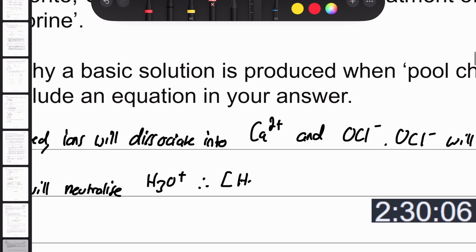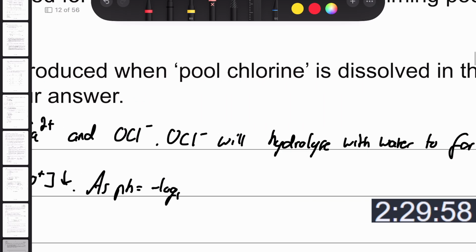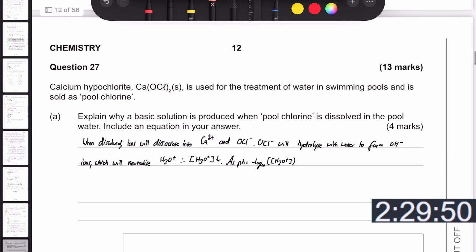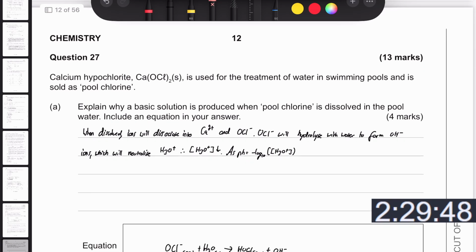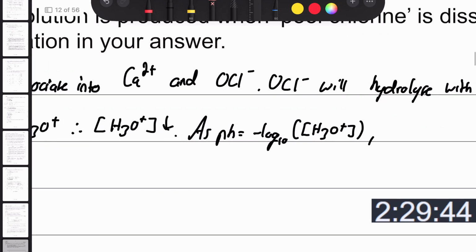Therefore the H3O plus concentration goes down, as pH equals negative log 10 of the concentration of H3O plus, so pH increases. Oh wait, no, I don't need to write this.